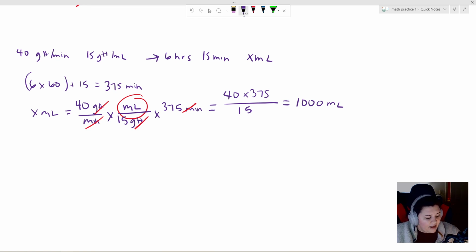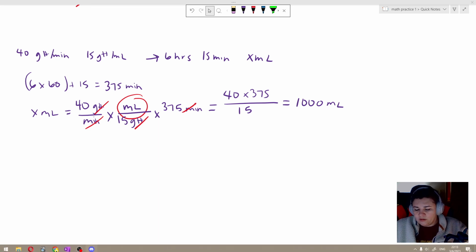So these are the last two. I'm gonna do them half in the formula and half in dimensional analysis. So let me check something real quick. Okay. We will do this.